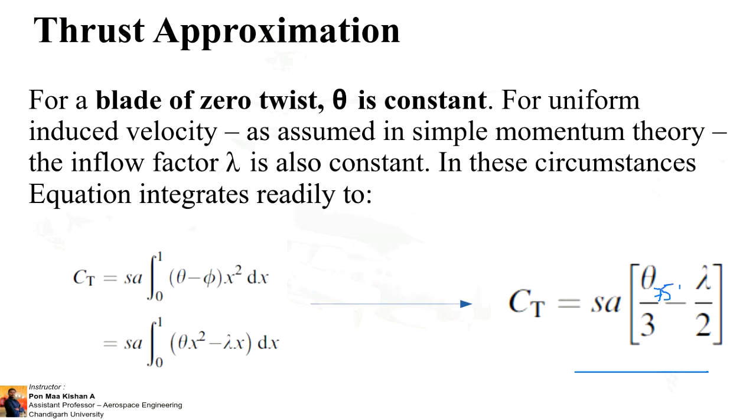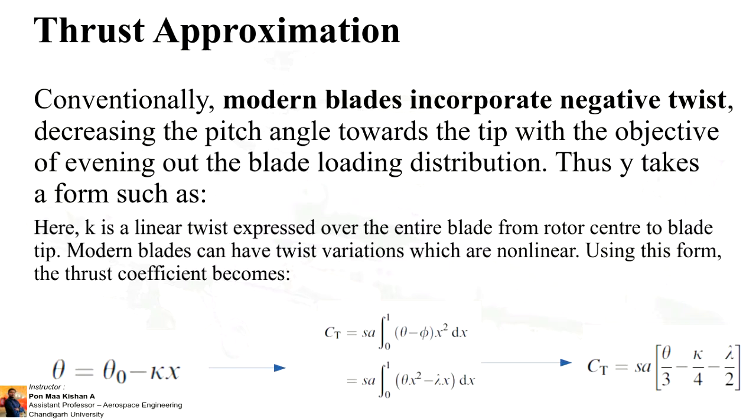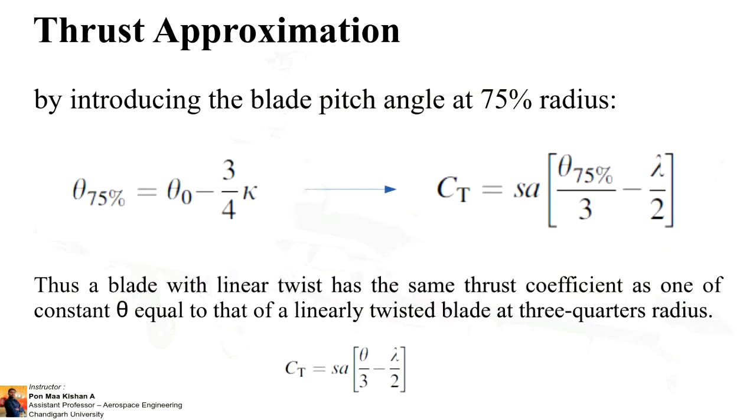So theta 75 indicates that it includes the value of theta naught, the initial pitch, minus 3 by 4 k. So in that equation we can write like this.